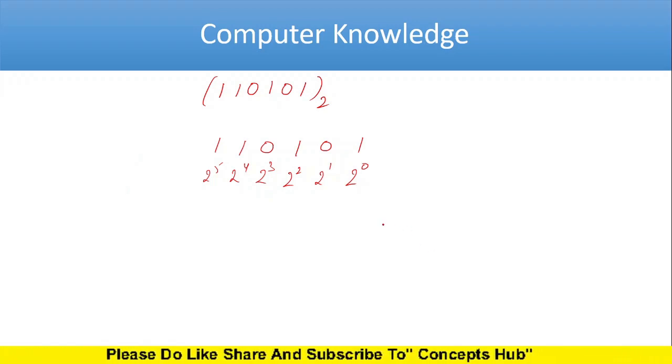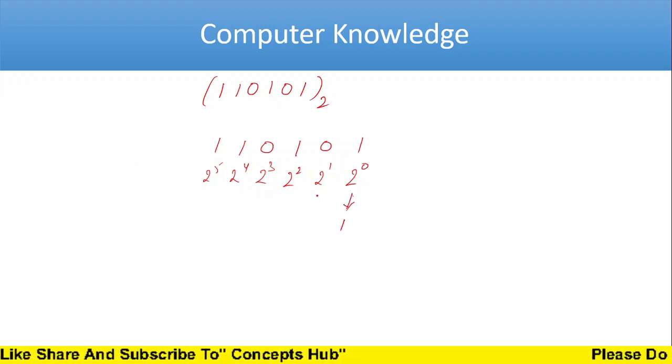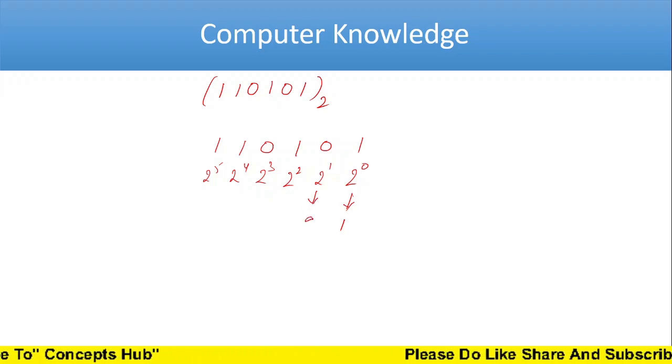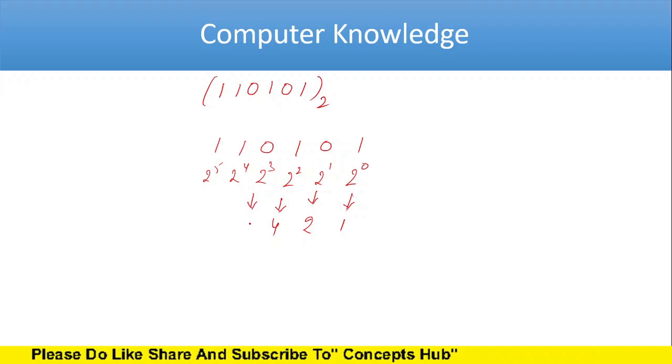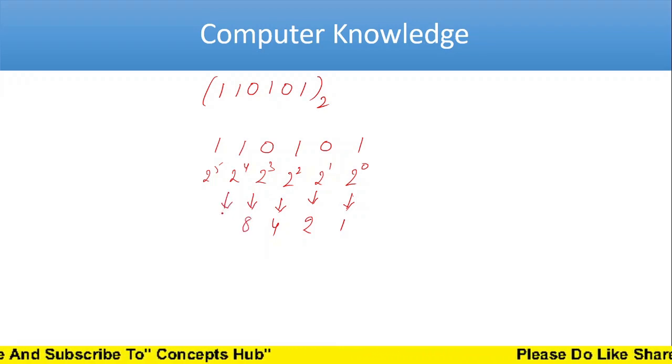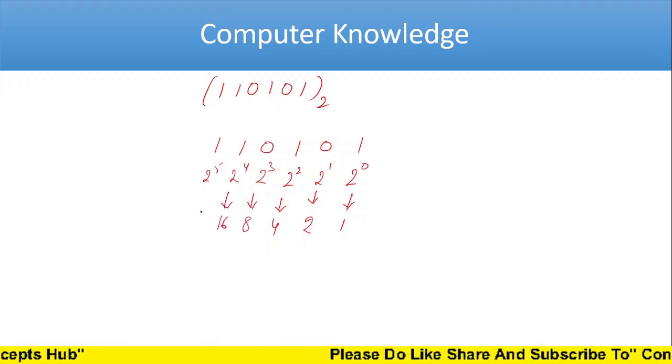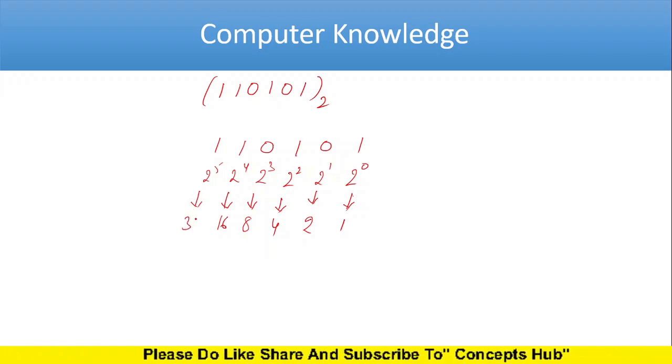Now this is 1, 2 to the power of 2 is 4, 2 to the power of 3 is 8, 2 to the power of 4 is 16, 2 to the power of 5 is 32.